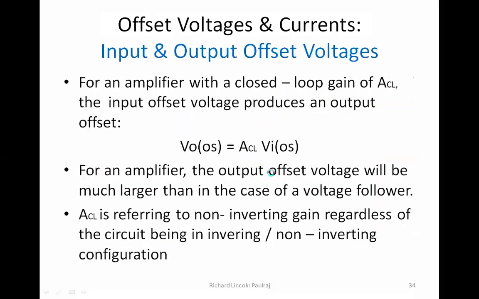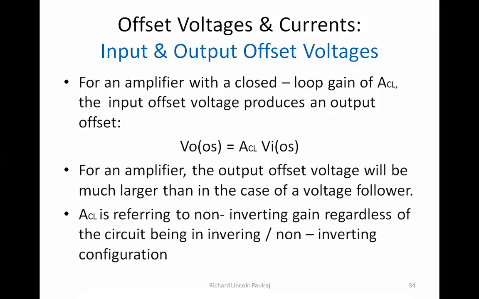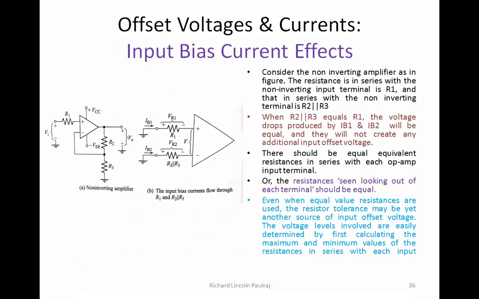Now let's go back to the circuit. We will assume that we have a certain amount of resistance here and a certain amount of resistance here. Usually, transistors will have their own input resistance. Let me show that in another slide where I have put it up exclusively. Here it is.